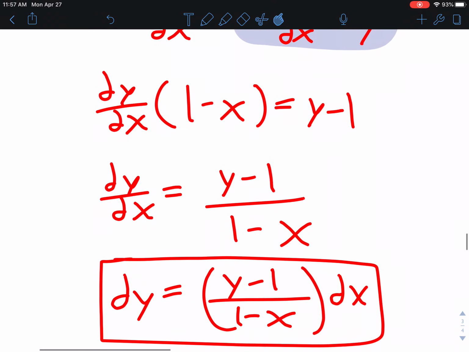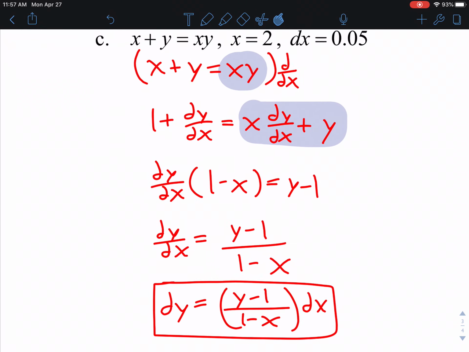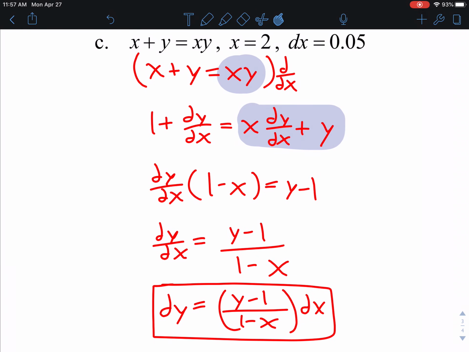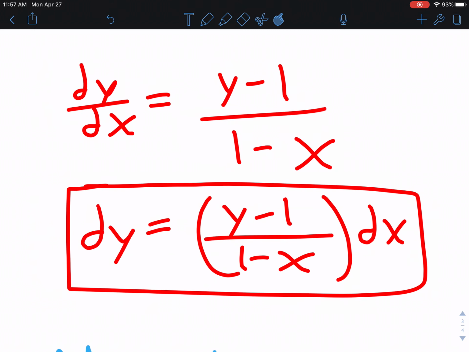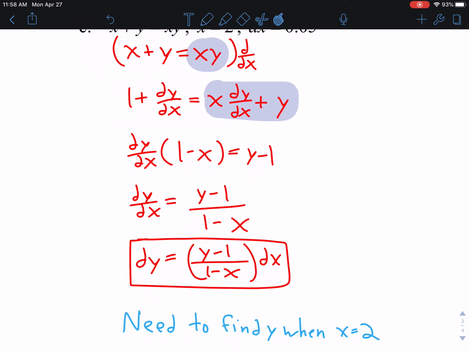And then I multiply dx over to get my differential. Okay, so nothing super crazy here. You've all done implicit differentiation before, but what makes this different, similar to back when we were looking at questions that were just on implicit differentiation, is that in order to actually calculate the differential dy, I need to know the x and the y coordinate at my x value, which was 2. So I need to find y when x is 2.